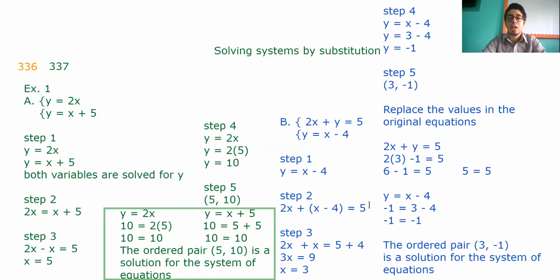What is necessary is that you learn the steps. Okay, you need to memorize the steps. How are you going to solve these kinds of problems using substitution? That is important, but for you to write each step is not. Okay, so the important thing is that you find the value for both variables and you prove that solution.